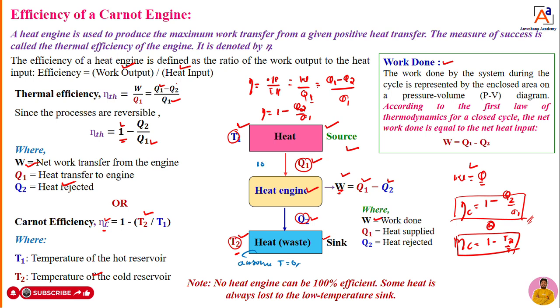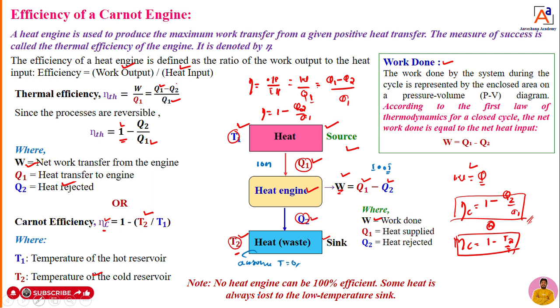I mean, if you are supplying 100 joules of energy as input, then he is getting 100 joules of work output, but practically it is not at all possible. 100 divided by 100 is 1, again 100%. But he assumed the Carnot engine is a theoretical ideal thermodynamic cycle.